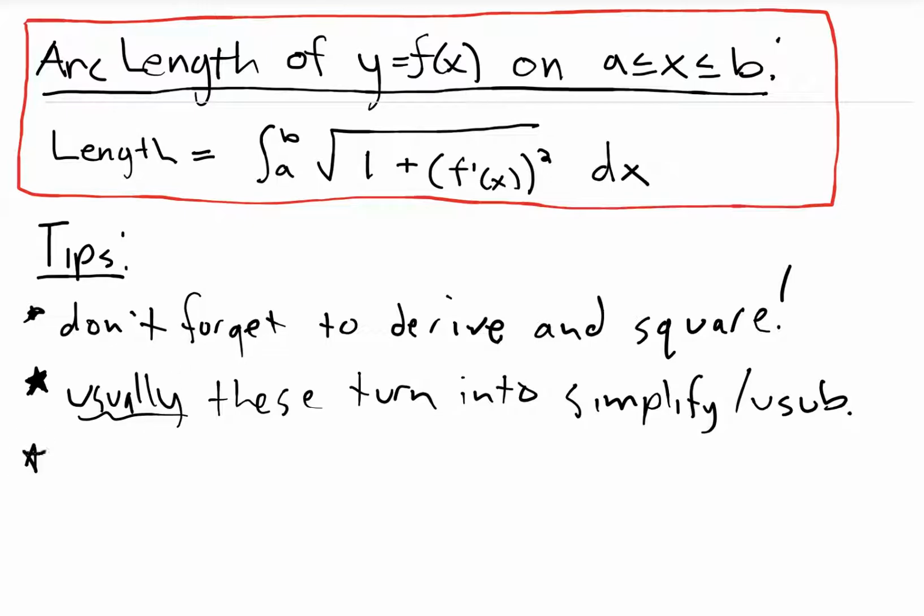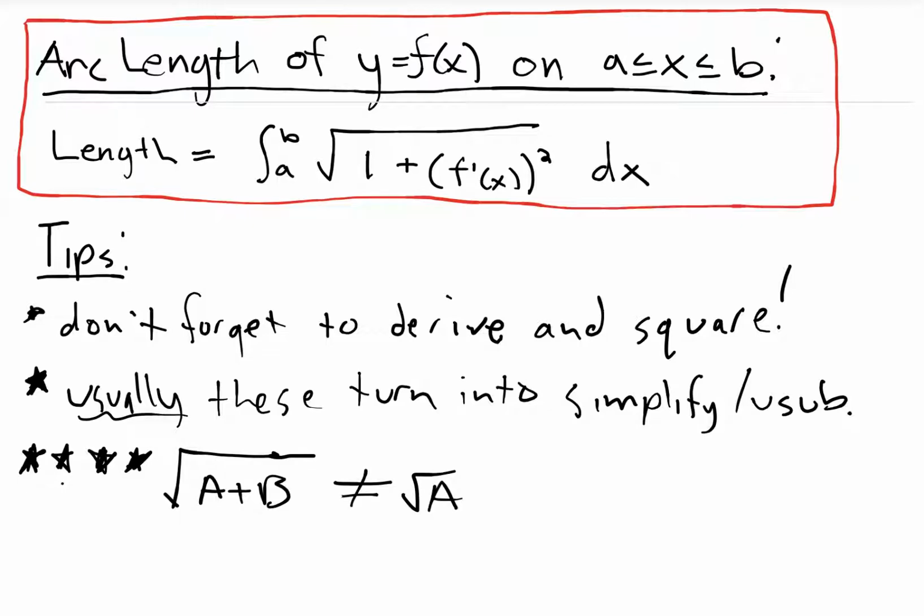The last tip that I am going to give you, and this is a very, very, very important one, so I am going to star this multiple times. When you go to take a square root of a sum, maybe I'll give you a generic sum here, this is not going to be the same thing as if you root each of the pieces.